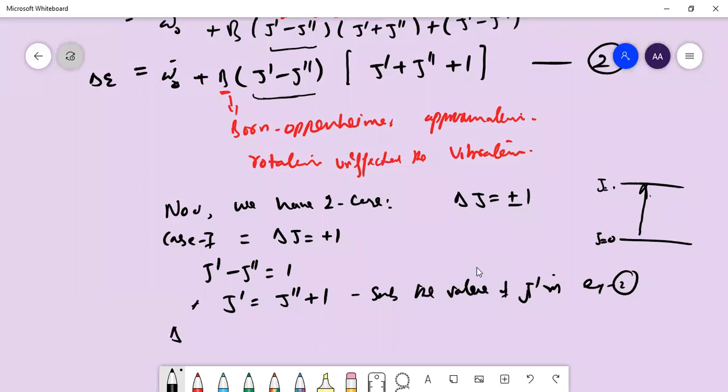Then delta E is equal to omega naught bar plus B (J dash minus J double dash). I will write J dash plus 1 in place of J dash. So (J dash plus 1 minus J double dash) into (J dash plus J double dash plus 1).